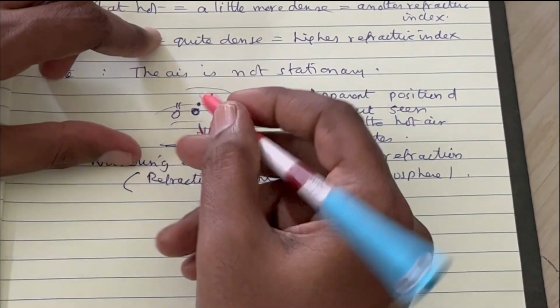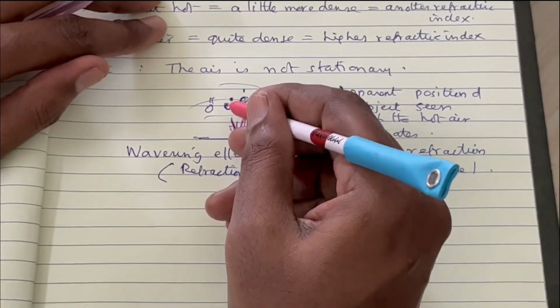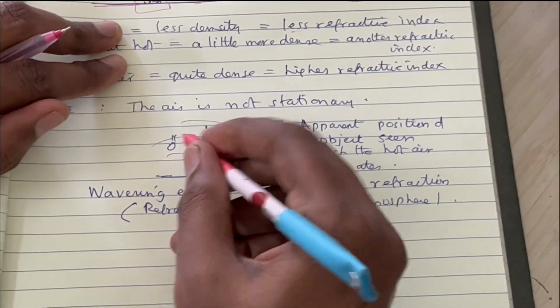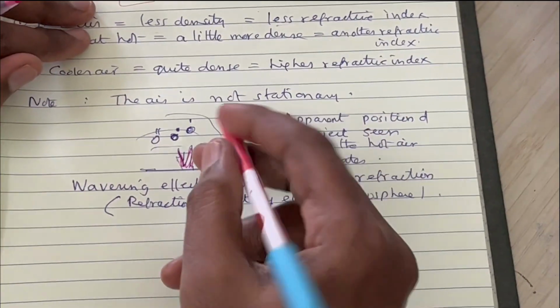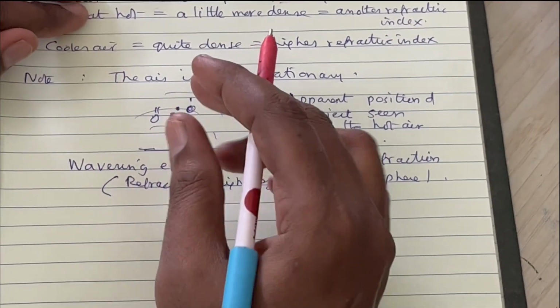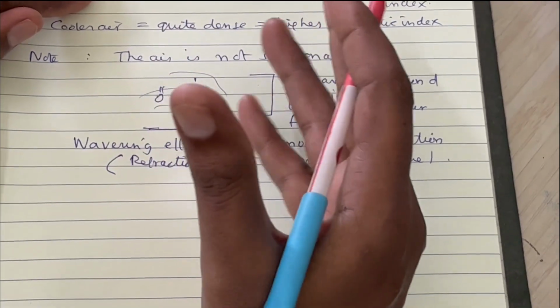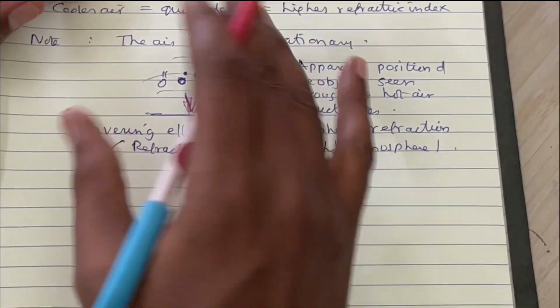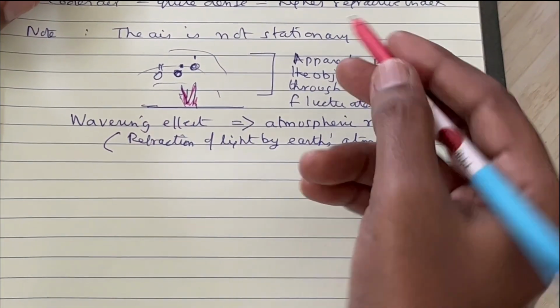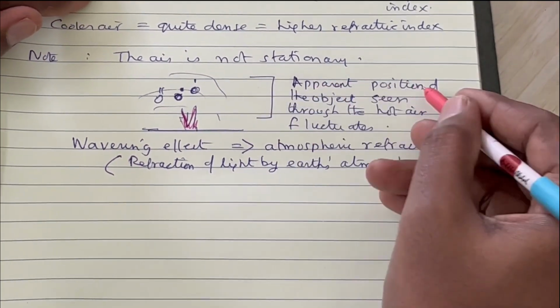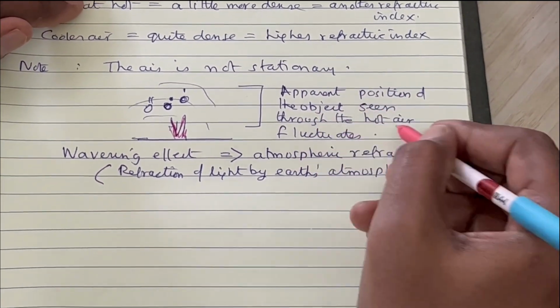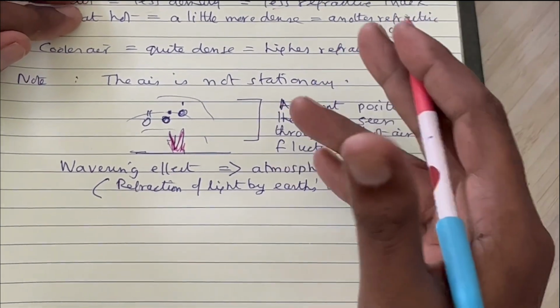So you'll be seeing the object with some kind of wavering effect, that is, it is not stationary. This is because of the hot air, and also because that air is not stationary. So the apparent position of your object seen through the hot air fluctuates, it changes.